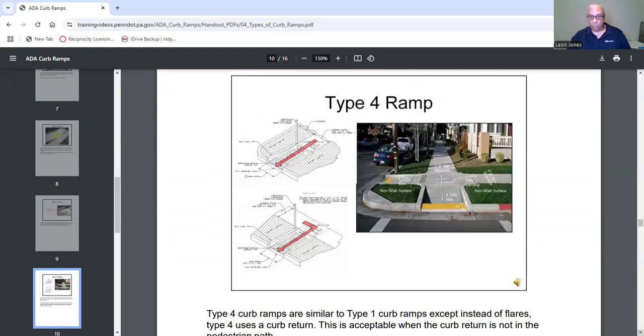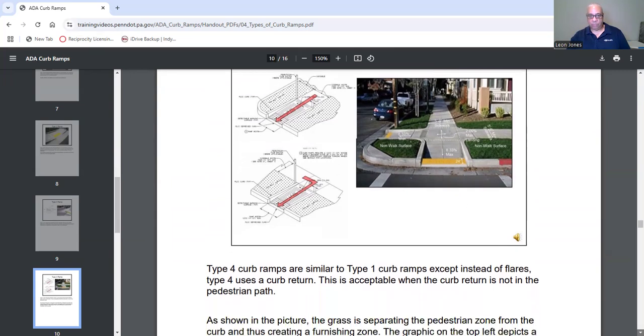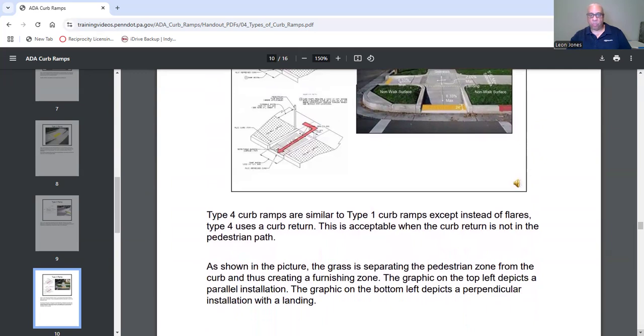Now we have a type 4 ramp. Generally see a lot of these out in the streets. Now, type 4 curb ramps are similar to type 1 curb ramps, except instead of flares, the type 4 uses a curb return.